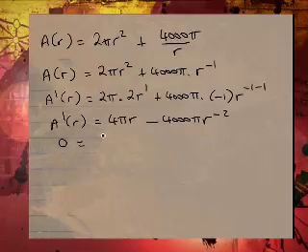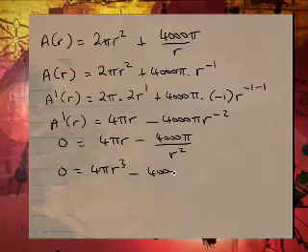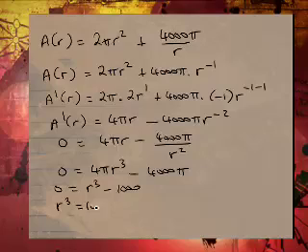Put it equal to 0 because we're minimizing now. We've got 4,000 pi over r squared. Bring that underneath and multiply throughout, so we have 4 pi r cubed minus 4,000 pi. Divide everybody by 4 pi, and you get r cubed minus 1,000. So r cubed is 1,000, and r is the cube root of that.